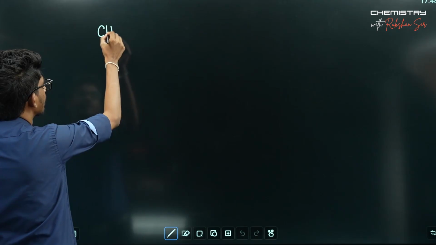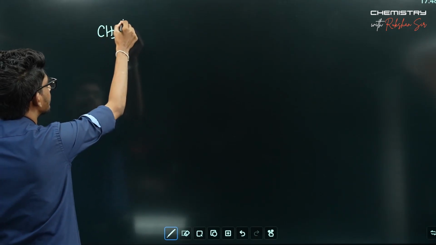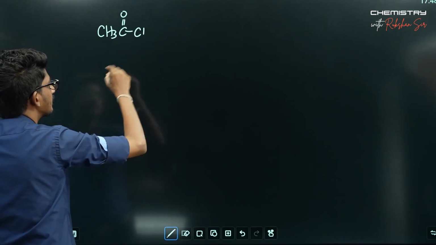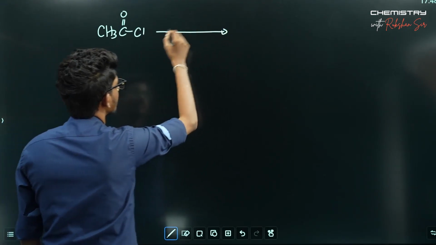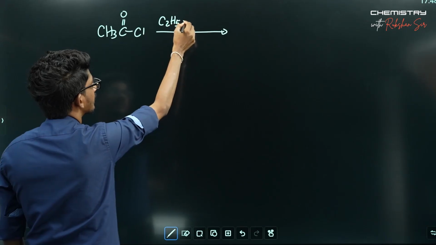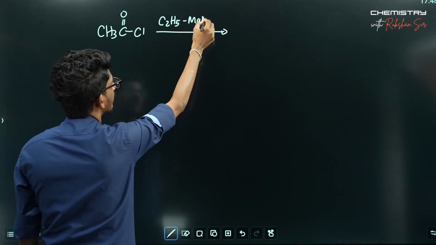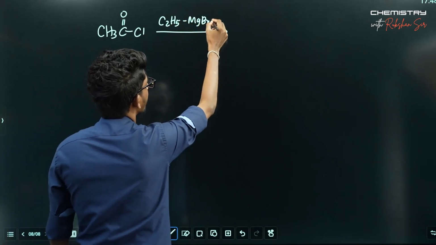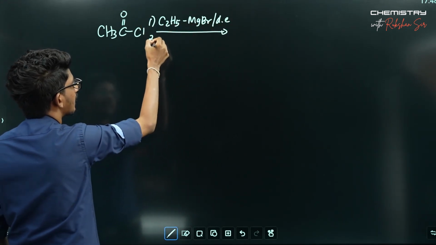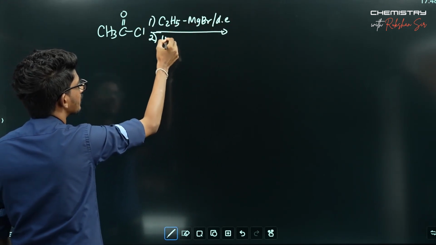Now I am going to discuss the mechanism of the reaction of the Grignard with the acid chloride. Let's say you are adding C2H5MgBr, the same Grignard we had used so far, in dry ether. After the completion of the reaction, you are adding H+ H2O as well.